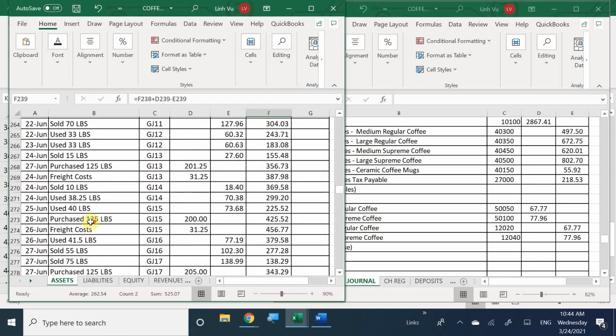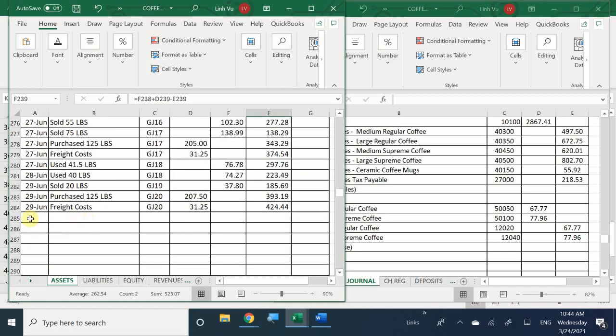And then last but not least, let's update the Supreme coffee here. So 6.29. We used 41.25 pounds, LBS, General Journal number 21, for the total of 77.96.